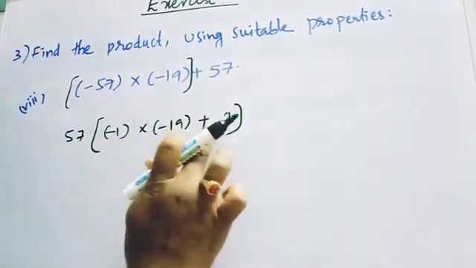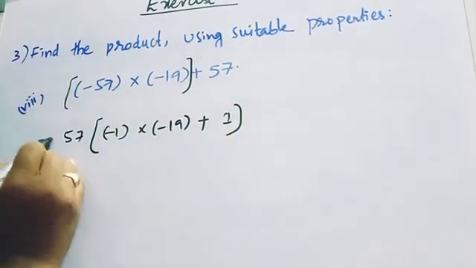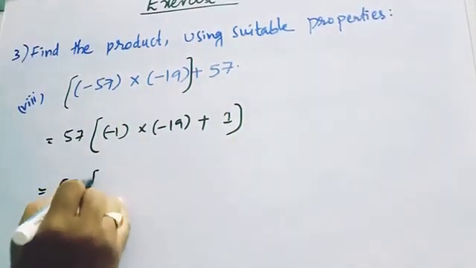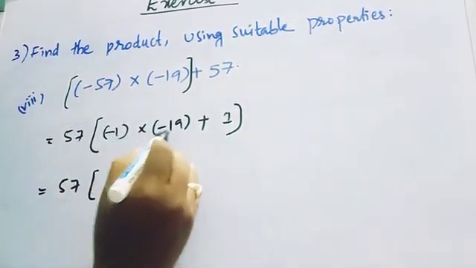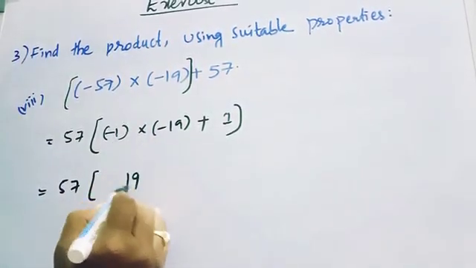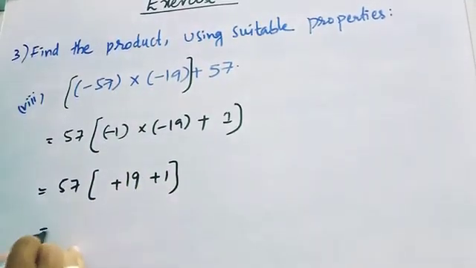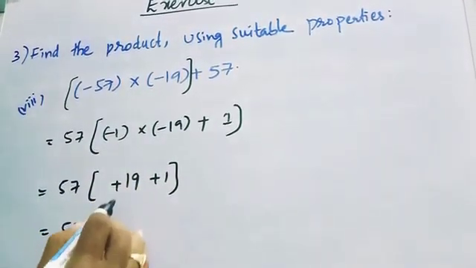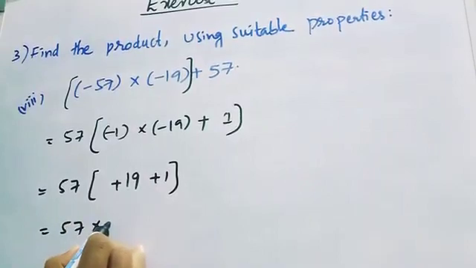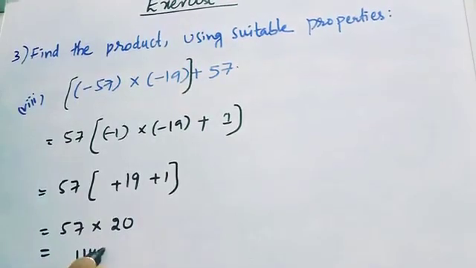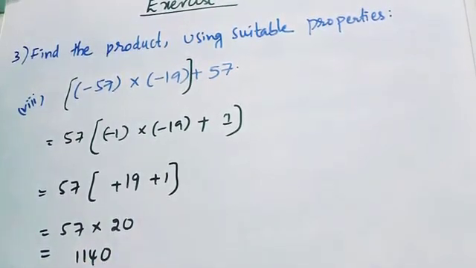So 57 into 1 you will get 57. Next, minus 1 into minus 19, that is 19, 1s are 19, and minus into minus is plus, that is 1. So that is 57 into 19 plus 1, which is 20. So 57 into 20 you will get 1140. 2 7s are 14, 2 5s are 10 plus 1 is 11. So the answer is 1140.